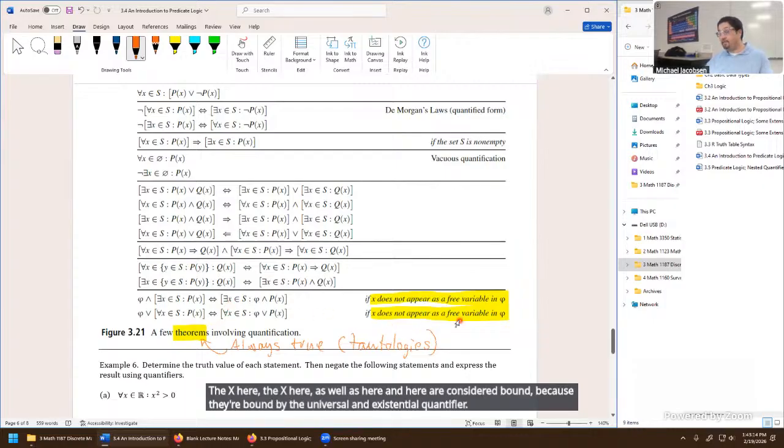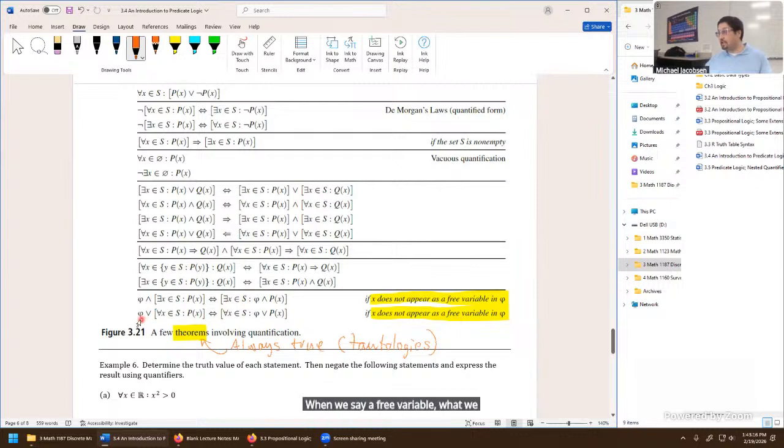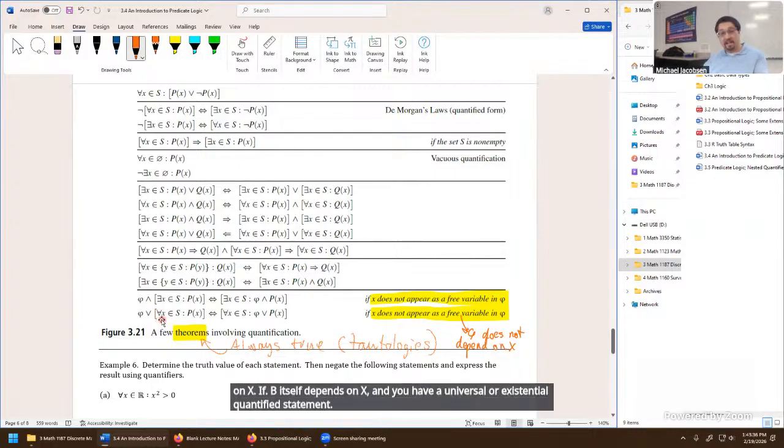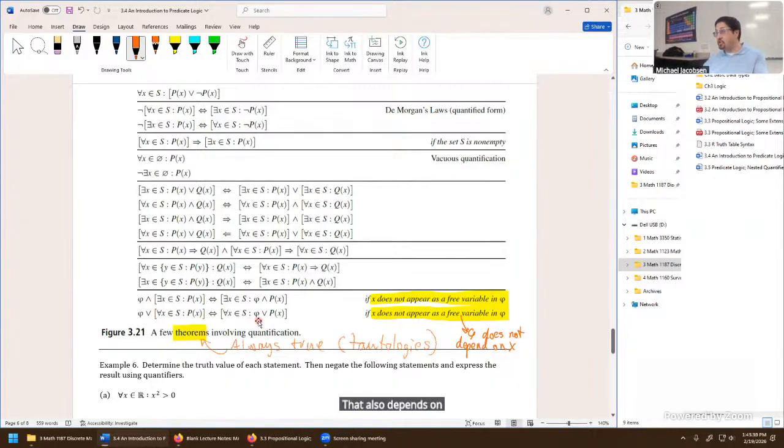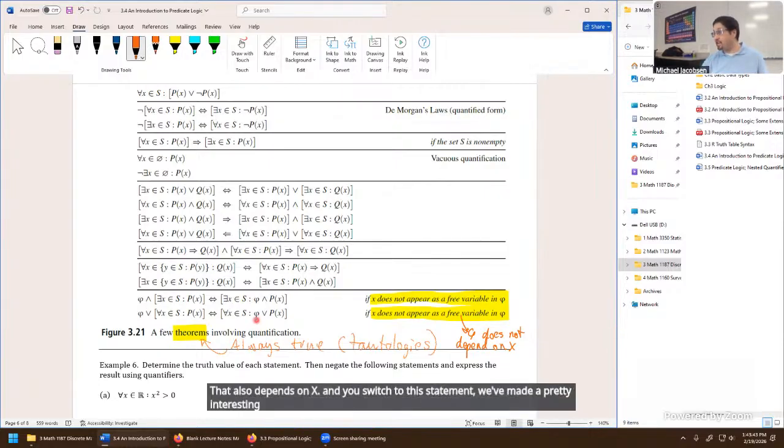When we say a free variable, what we're saying is the statement phi does not depend on x. If phi itself depends on x, and you have a universal or existential quantified statement that also depends on x, and you switch to this statement, we made a pretty interesting kind of logical error.